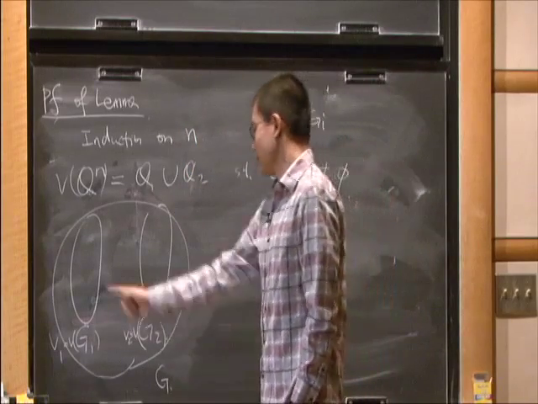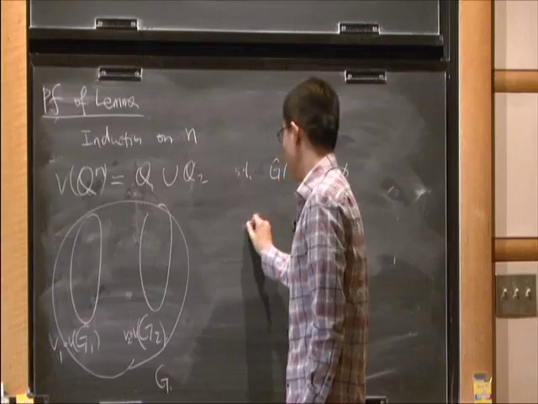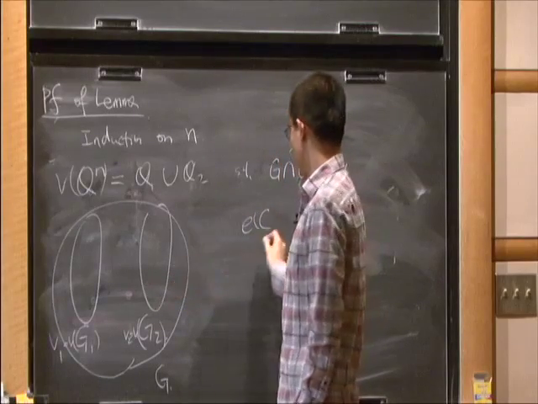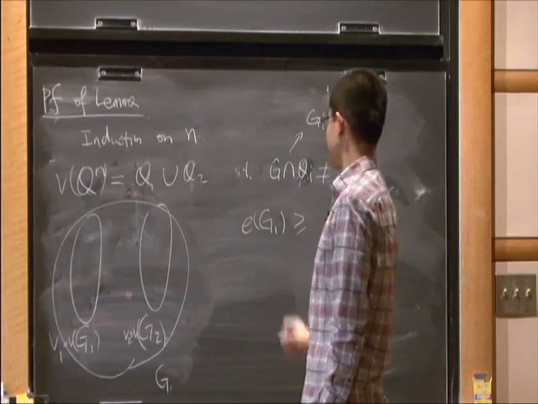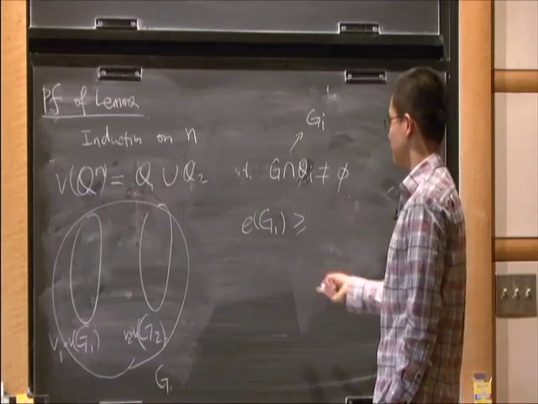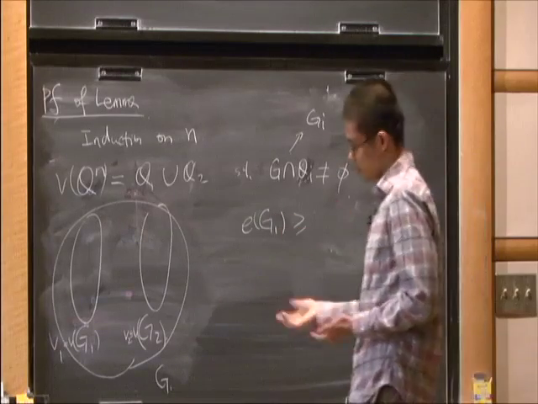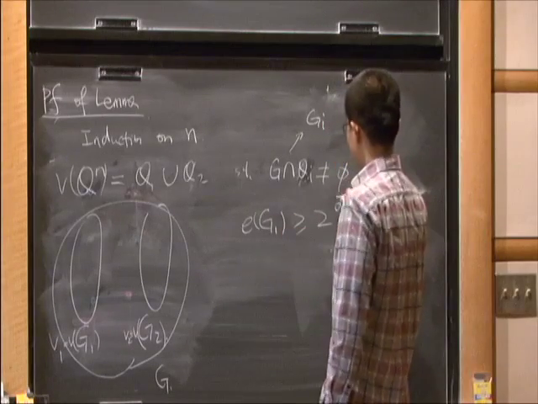So from the induction, we know that the number of edges in G1 is at least 2 to the power of the average degree of G1.